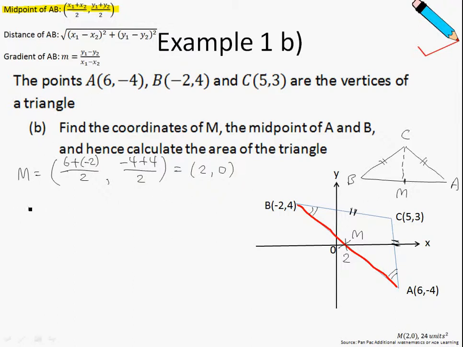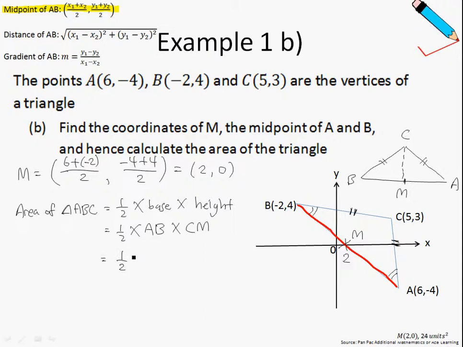So the area of triangle ABC is equal to half times base times height, and the base is AB and the height should be CM. So let us go ahead and find the distance AB.